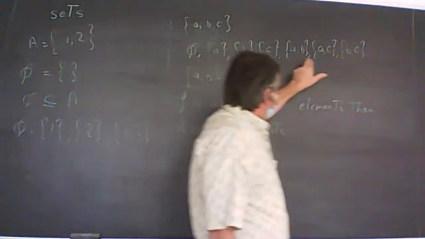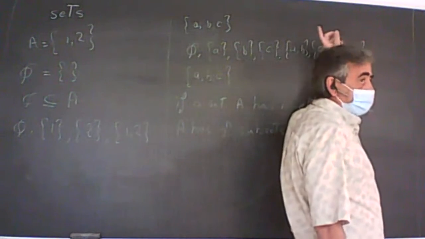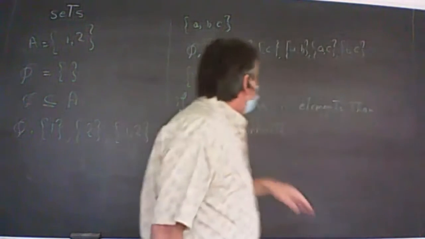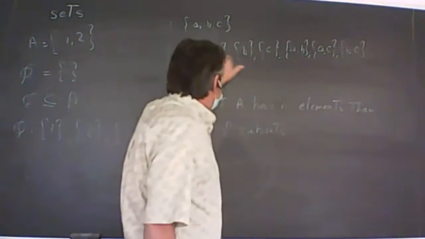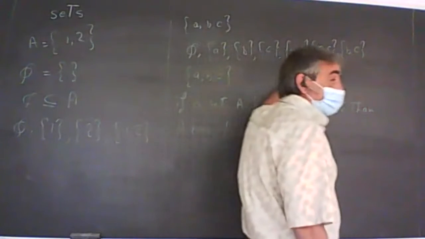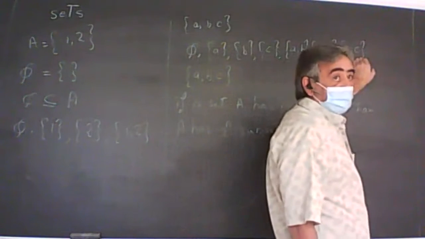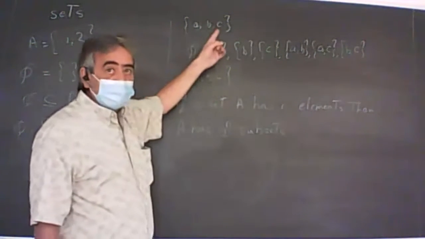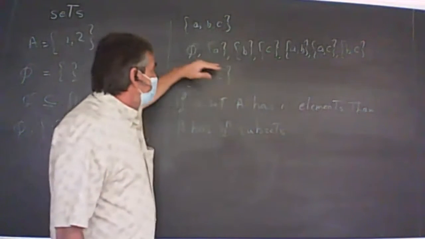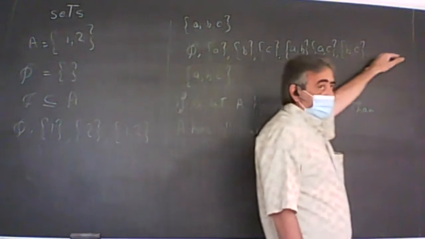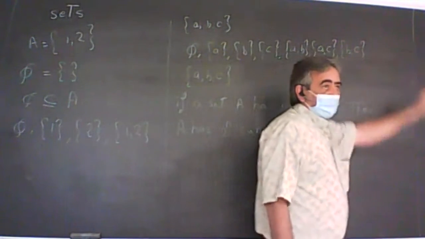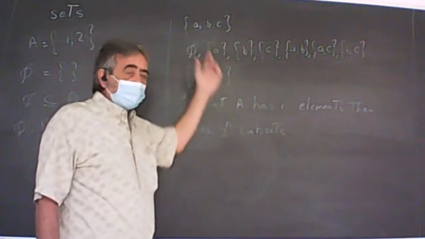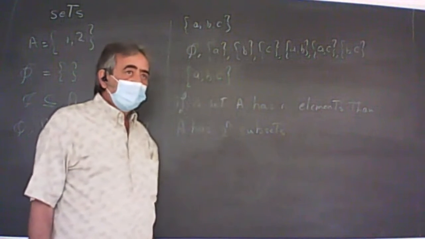All of these are inside A, but they're less in number. This is a 0, this is a 1, this is a 1, this is a 1, that's a 2, 2, and 2, right? Except one of them. One of them is exactly what A is. So all of these are called proper subsets. But this one will be included with the subsets.